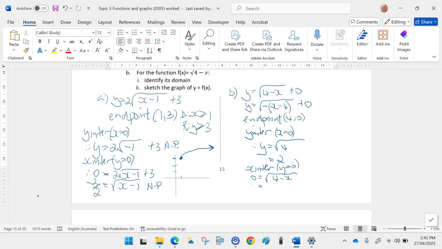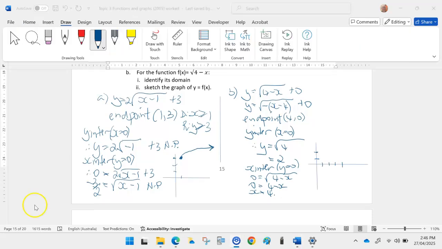So 0 squared would just be 0, and the square of the square root of 4 minus x would be 4 minus x. Now 4 minus x would equal 0. What does x have to be? x has to be equal to 4. So that means it crosses the x-axis at 4 and the y-axis at 2, starting at the endpoint of (4, 0).